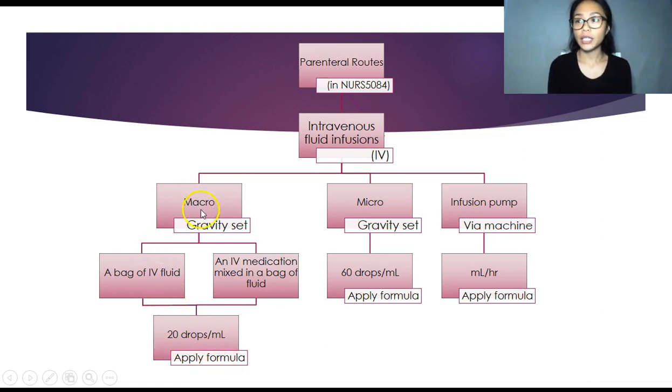We also can give through a macro set IV fluids that have inside that bag a mix of IV medication. So you draw up the IV medication in a syringe, you inject it into a bag, and then you slowly infuse it into a patient through the intravenous route. So you have a couple of different options there. Again, we'll be doing both of these things.